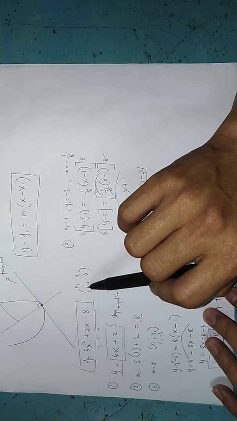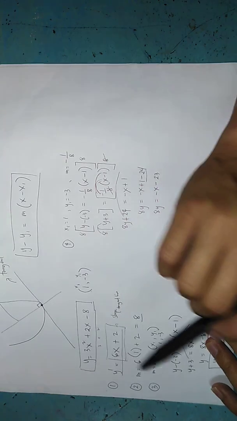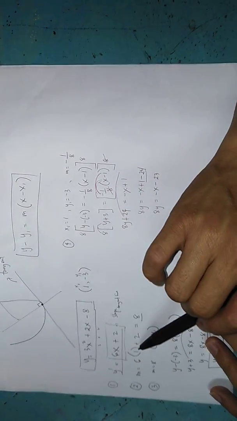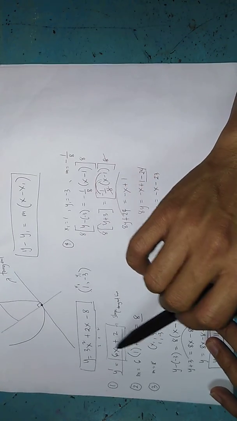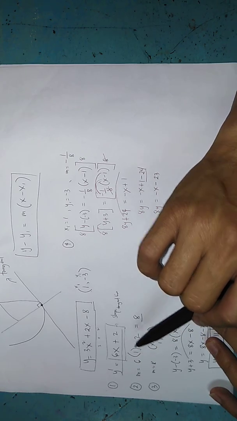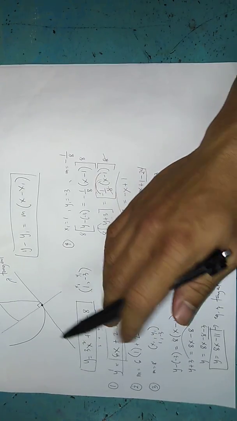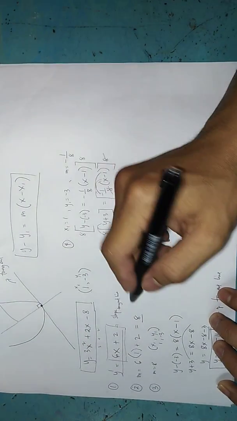Simple lang. Gagamitin natin yung x doon as 1 to replace here para makuha natin yung value ng numerical slope. So, 6 times yung x, 1. Never mind negative 3 kasi wala namang y dyan. Ito lang yung sinisimplify natin. So, 6 times 1 is 6 plus 2 equals 8. So, ang slope ng tangent line natin ay 8.